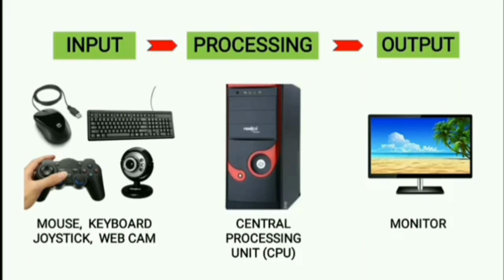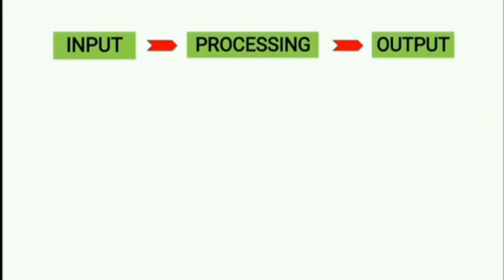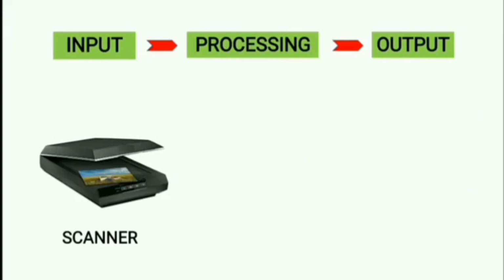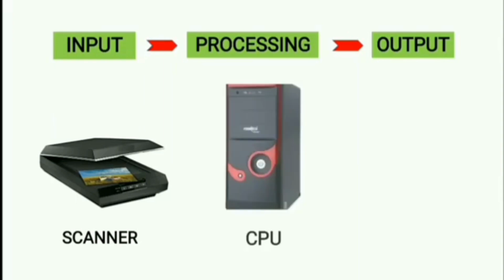Alright, moving on to the next example. Here I have a scanner. A scanner, what it does is, it is used to copy and send images to a computer. Now these images can be in the form of photographs, drawings and logos. So these scanners will take all the information and it will send it to the CPU.